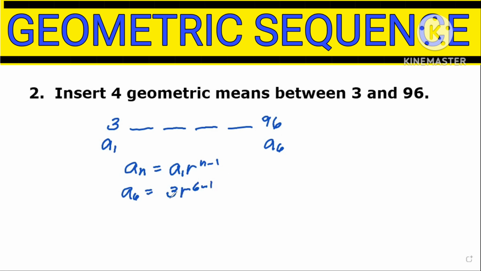Now, since a sub 6 is equal to 96, substitute natin yan. So, we have 3r to the fifth. And then to solve for r, we divide both sides by 3. So, r to the 5 is equal to 32.